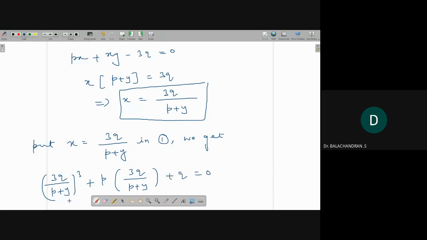Now multiply throughout by p plus y whole cube.